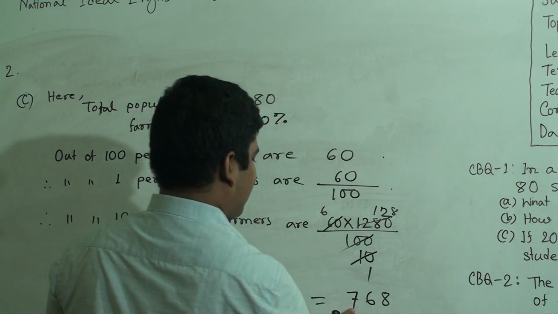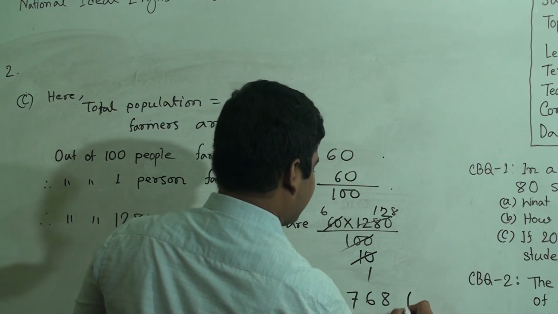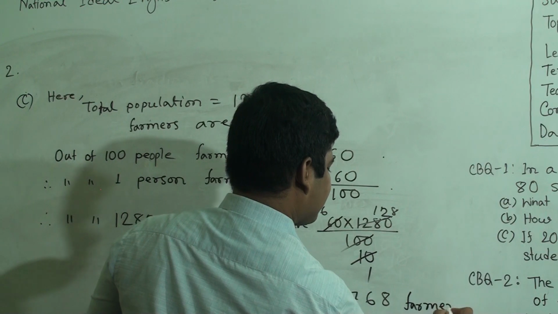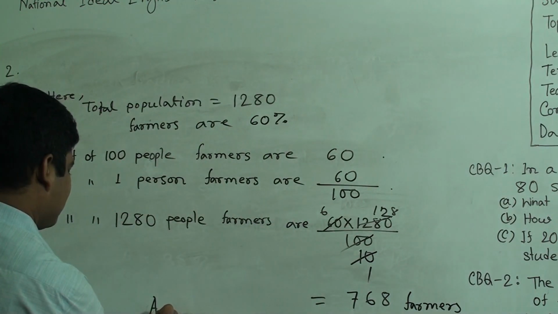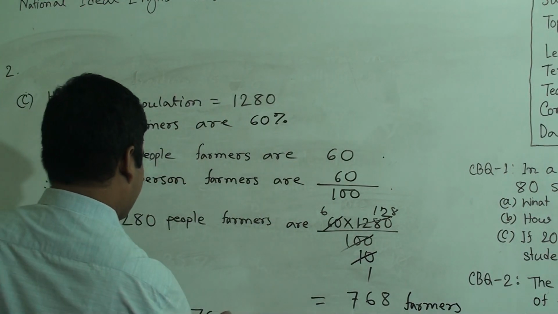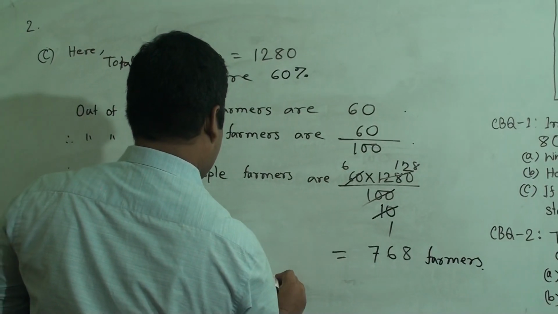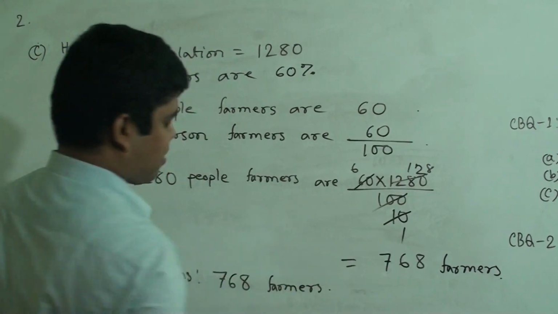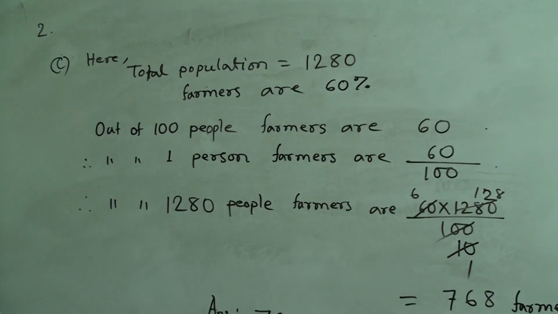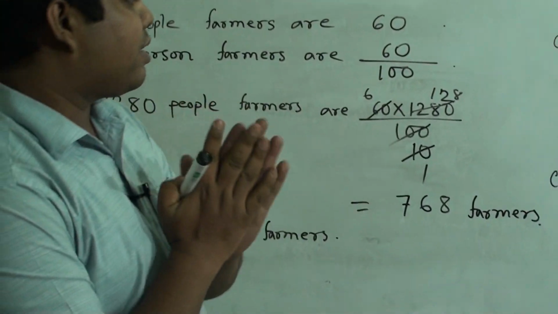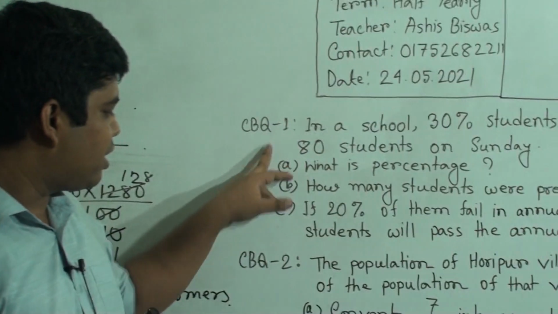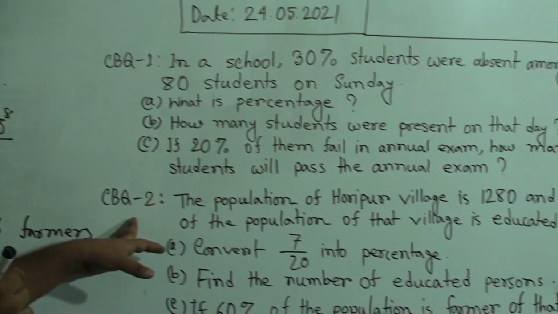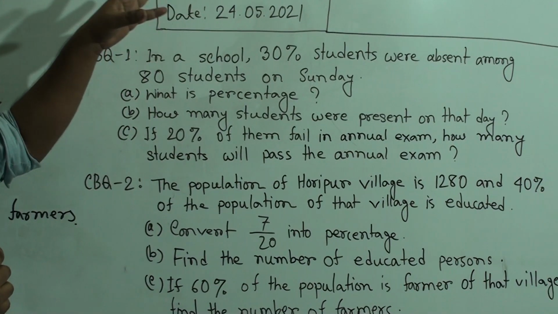So 768 farmers, and this is the answer. 768 farmers.